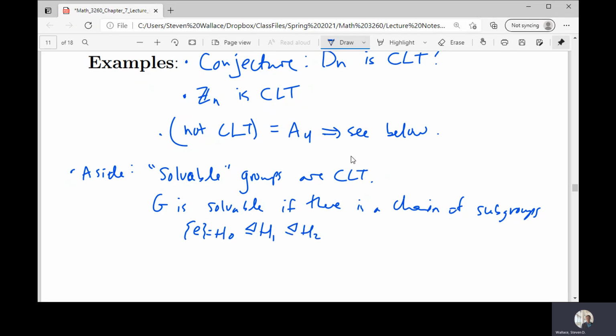H1, H2, this is another distinction we need to write.